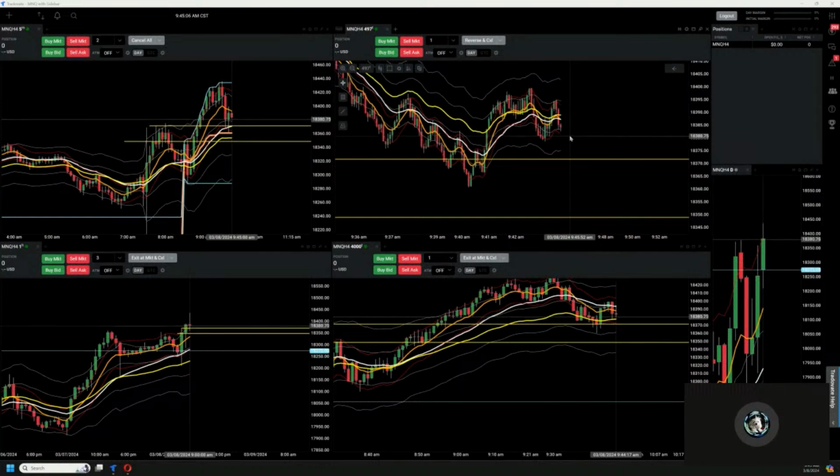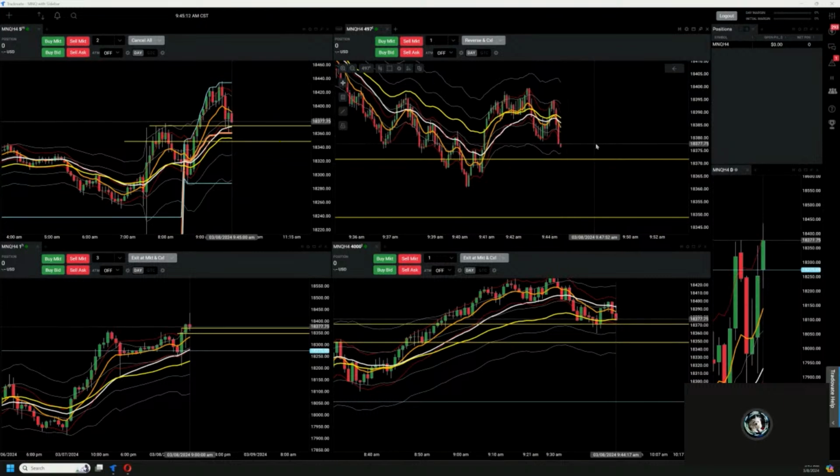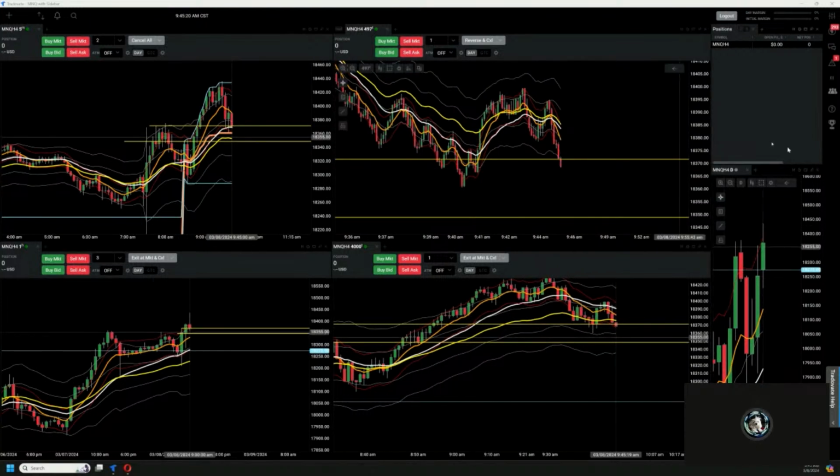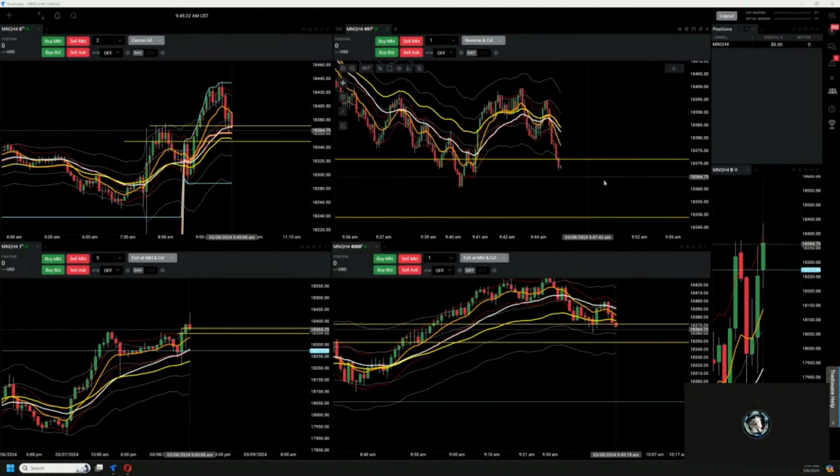Now you got the level here, 380. Fuck. I hate being knocked out when it moves. Yeah, it moved. That actually pisses me off that I was knocked out of that trade.